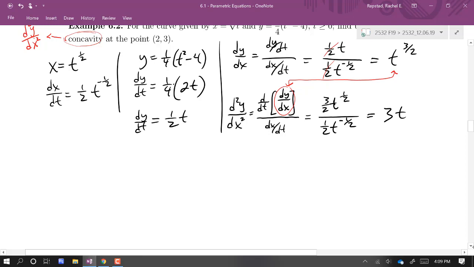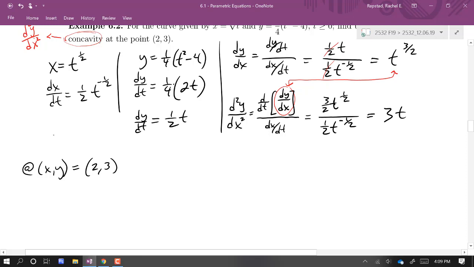So now that we have those, we can see what's going on at the point (2, 3). So those are rectangular coordinates, right? That's the coordinates of a point where x is 2 and y is 3. We'll note that we have these derivatives as functions of t. So the first thing we've got to do before we can get those values is figure out what t is. What value of t gives us that point.